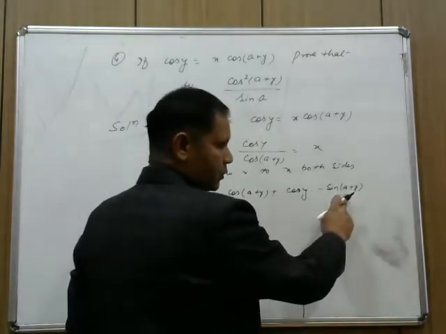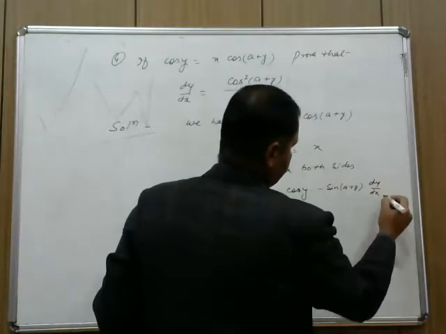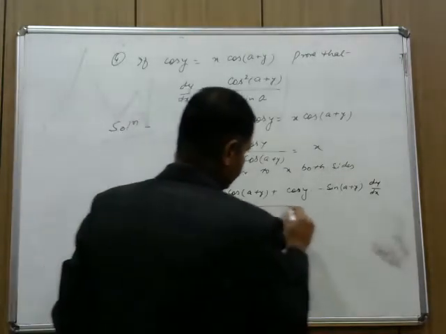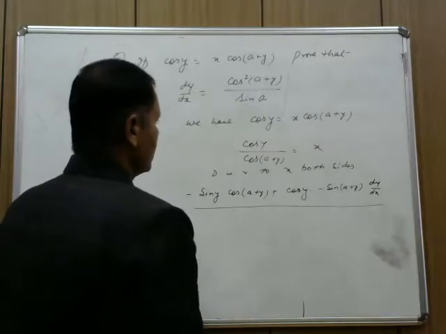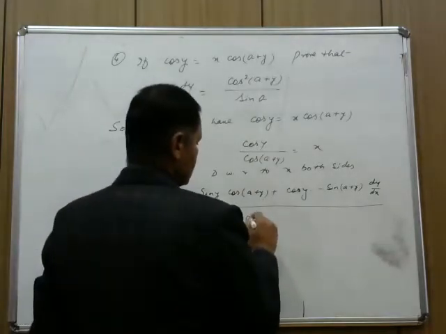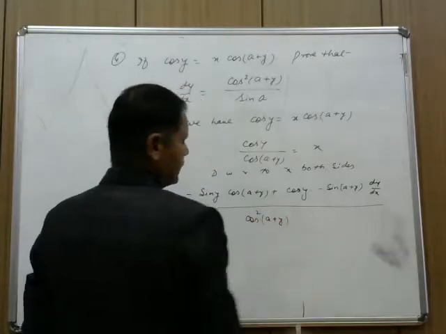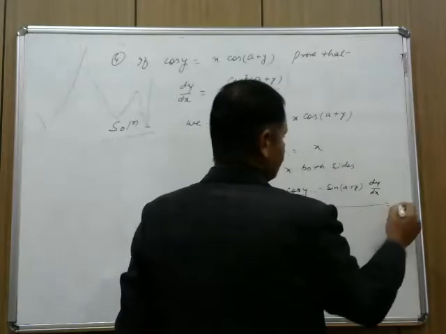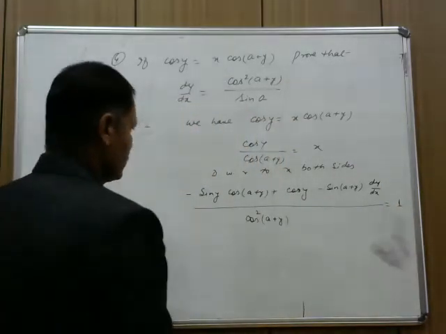Differentiation of a will be 0 and differentiation of y will be dy by dx. Therefore, I write dy by dx. Right, whole divided by cos square (a plus y) is equal to differentiation of x with respect to x, which will be 1.